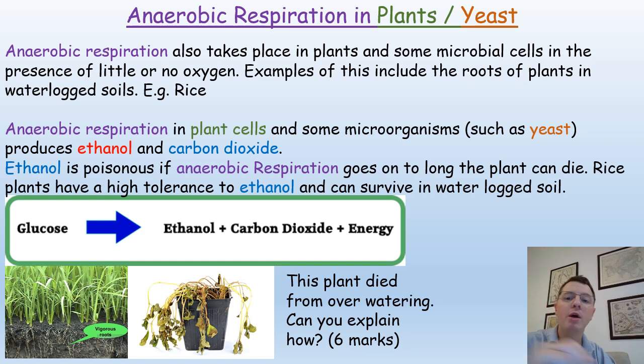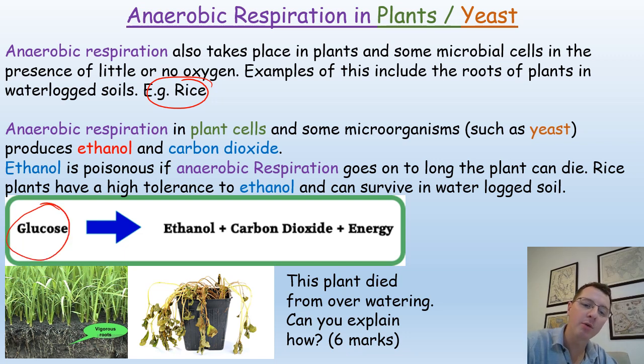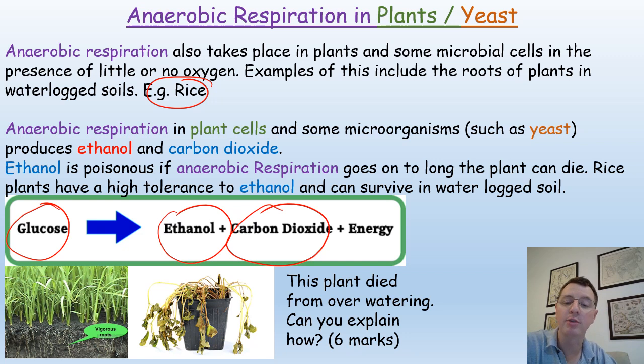For example, this can happen in the roots of plants which live in waterlogged soils, for example rice, or it can happen in yeasts when they don't have enough oxygen and they are wanting to produce alcohols. The formula for this is glucose is broken down and turned into ethanol, and carbon dioxide is released, as well as a small amount of energy.